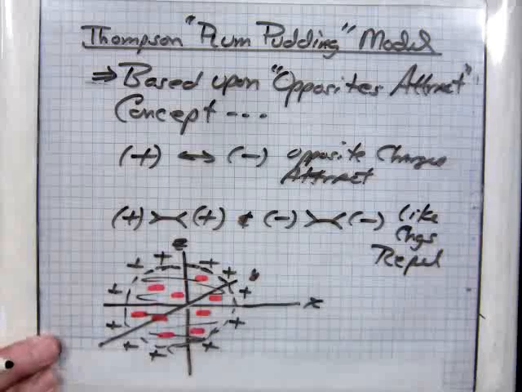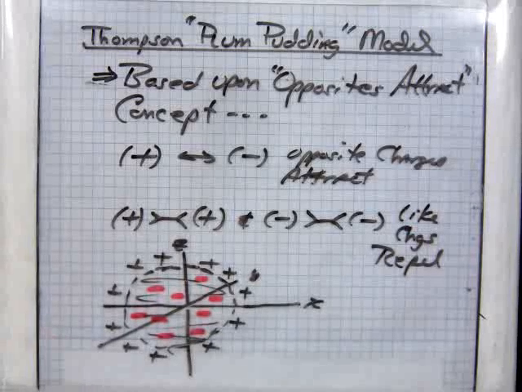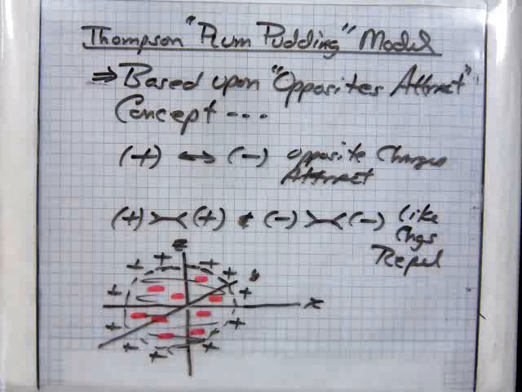Now, the issue with this is there is no definition to the electronic structure. There was no definition of the idea of a nucleus. They did know that the atoms spit out negative charges, and they had in them positive charges in some capacity.